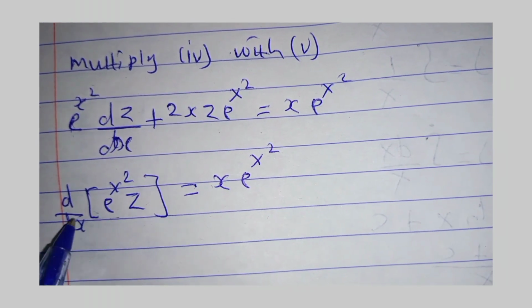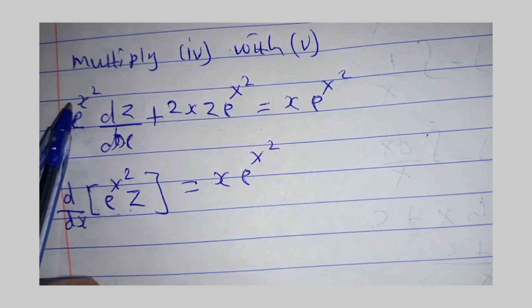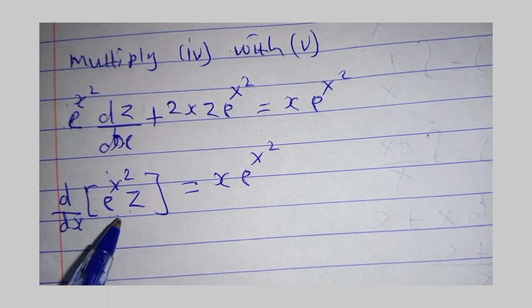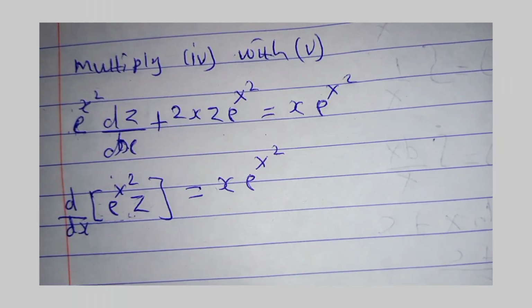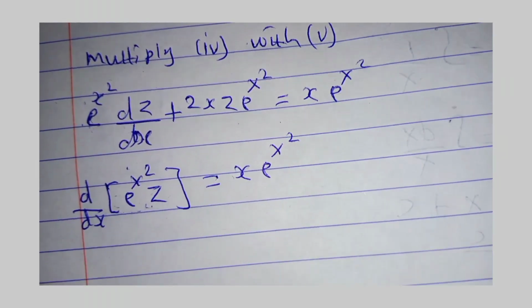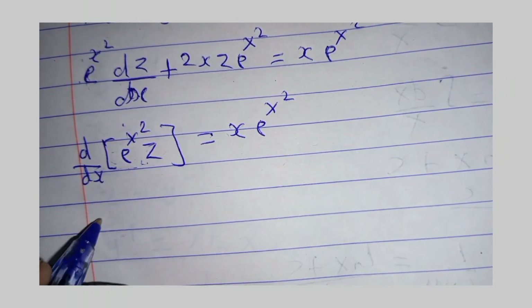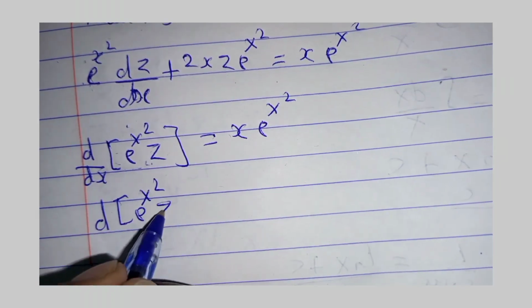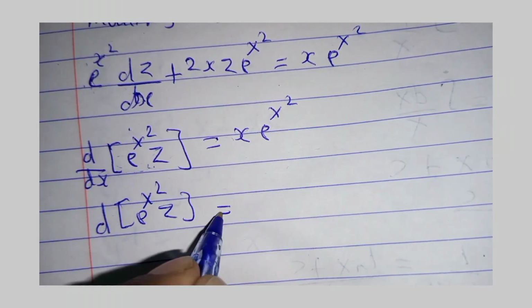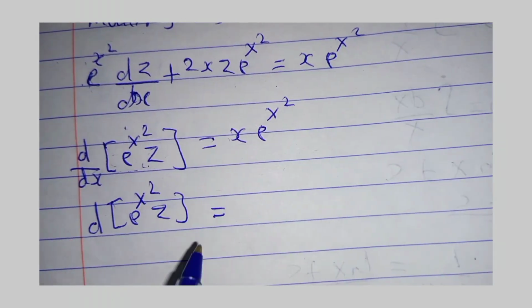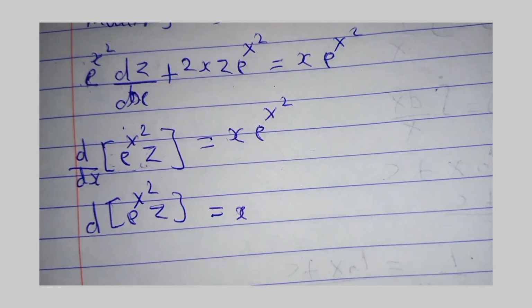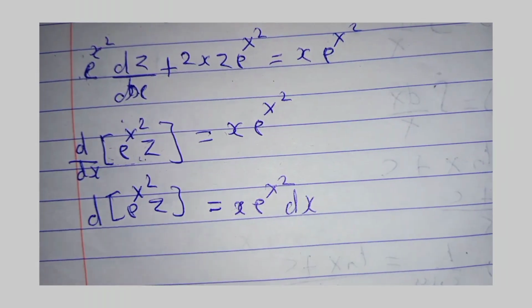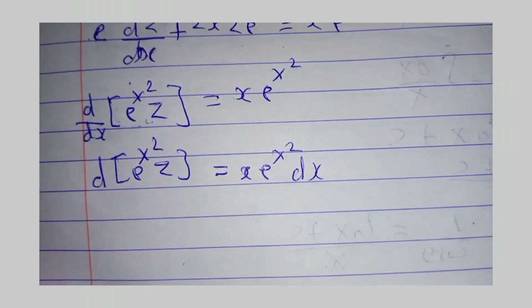When you differentiate this, you are going to get exponential x squared dz over dx plus 2xz exponential x squared. So we multiply both sides by dx to be left with, on the left hand side, exponential x squared multiplied by z is equal to x exponential x squared dx. Then we integrate both sides.